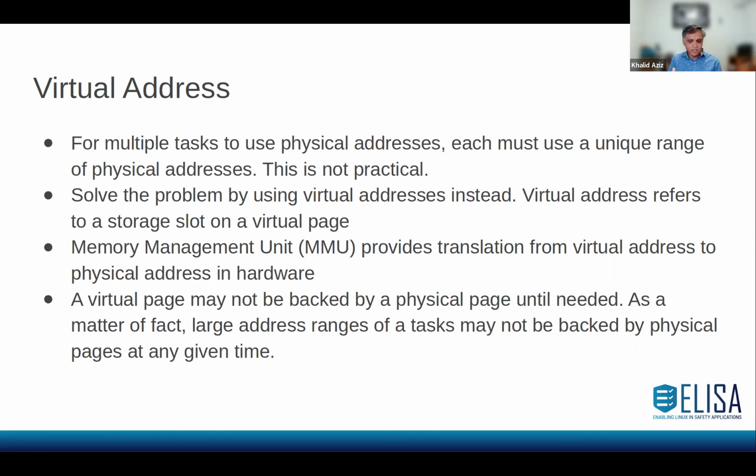And virtual addresses are just like physical addresses, except they exist in a virtual space. They refer to a virtual page and a virtual page frame number. So now what we can do is these virtual addresses, they don't have to be unique across tasks, because these virtual addresses will map onto a real physical address at some point.